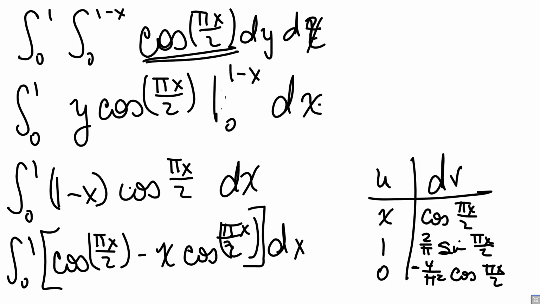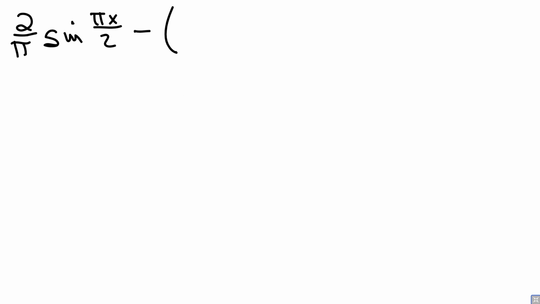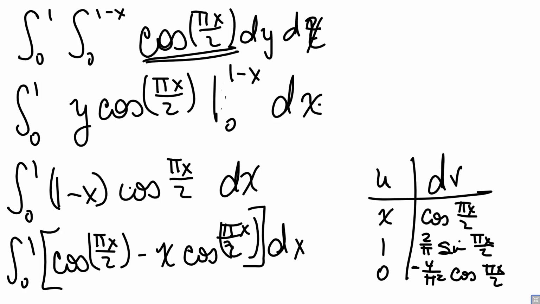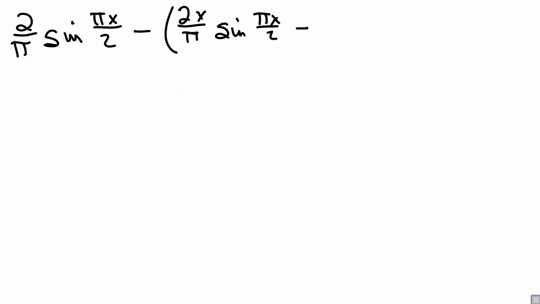Then for the second piece, we're going to have 2x over pi times the sine of pi x over 2 minus, the next piece is going to actually be plus, excuse me, 4 over pi squared cosine of pi x over 2. And we're going to evaluate this whole thing from 0 to 1.